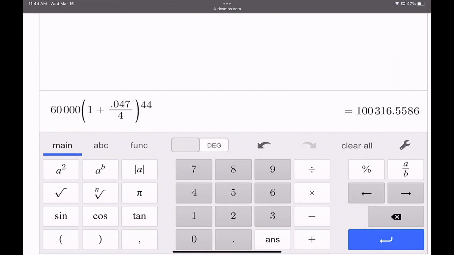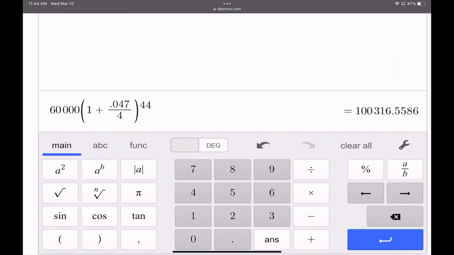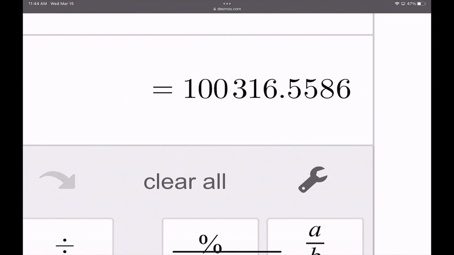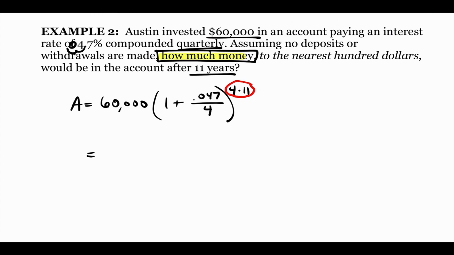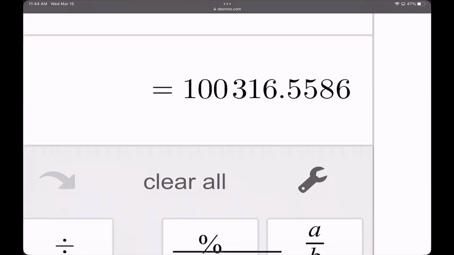They want you to put more money into the bank so that they can make more money by lending that money out. Okay? So we get $100,316 and some change. So what number do we need to write? Nearest $100. Well, which number is in the 100 spot? 3, right? 3 is in the 100 spot.